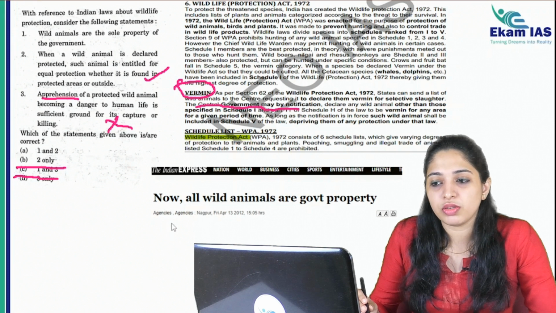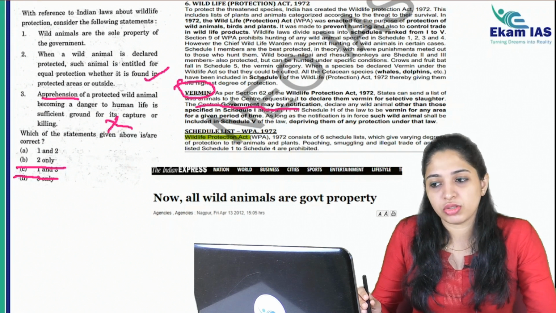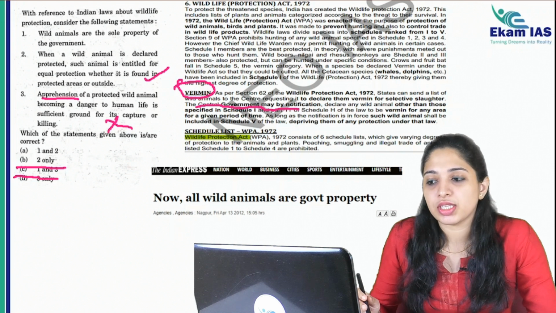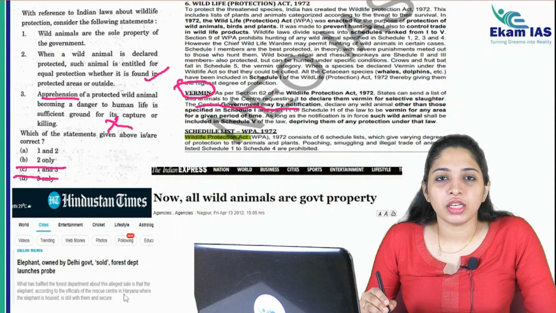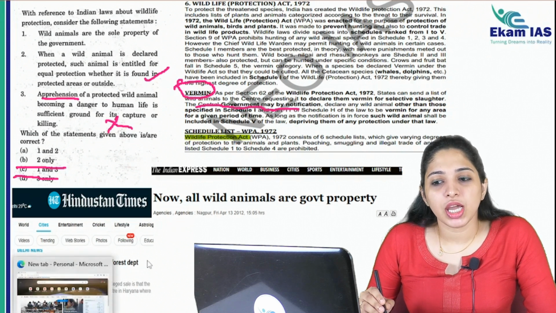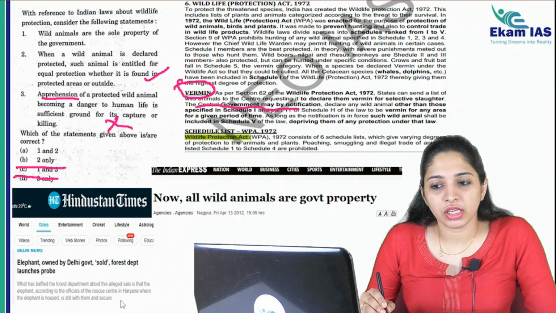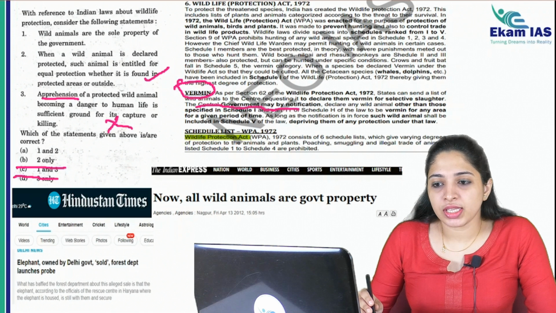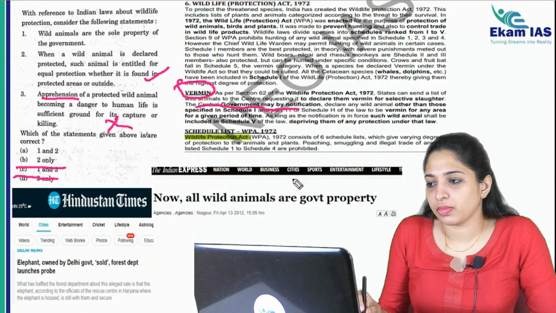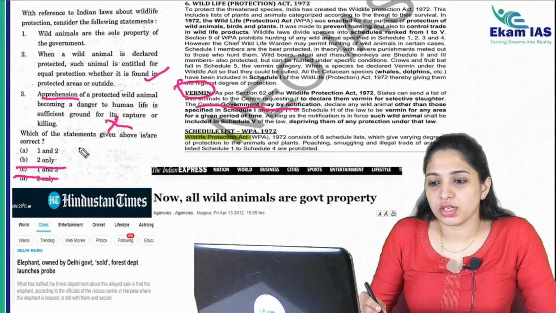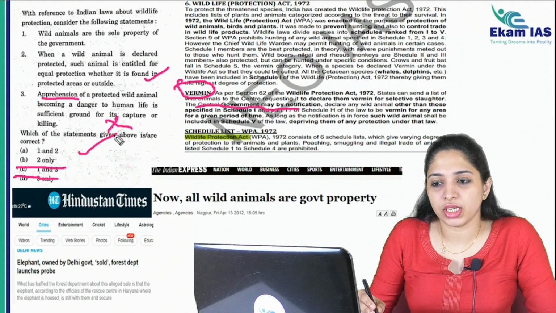This was the judgment by the Bombay High Court in 2012. Its current affairs relevance is that recently in Delhi, an elephant was sold by some people and the forest department had started an inquiry. Based on this current affair, this question has come up. Therefore, the first statement is right and the answer here is 1 and 2.